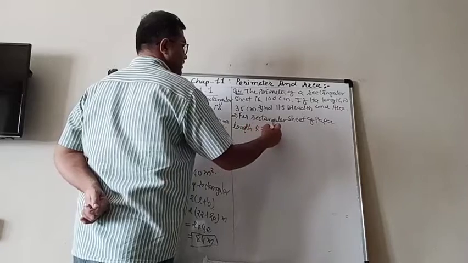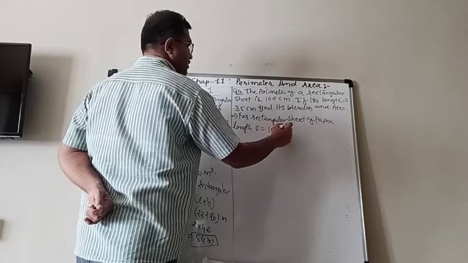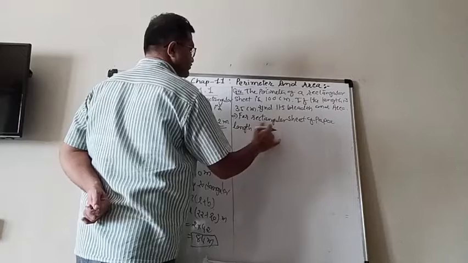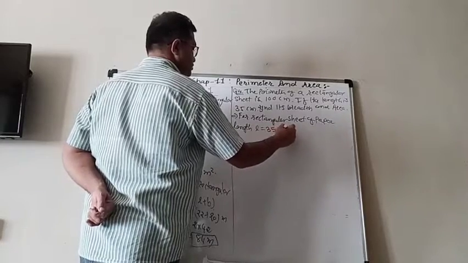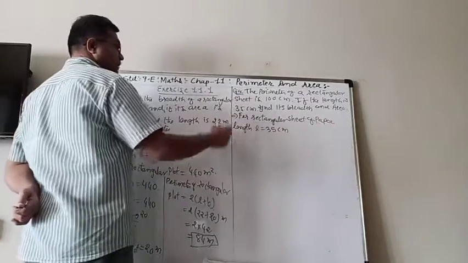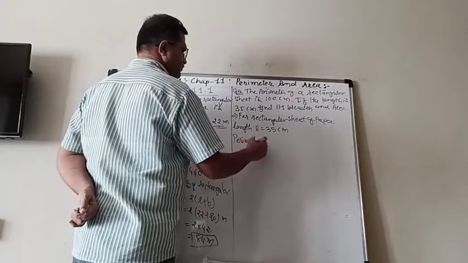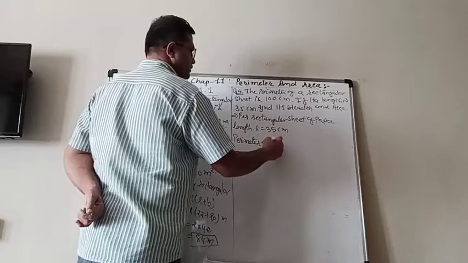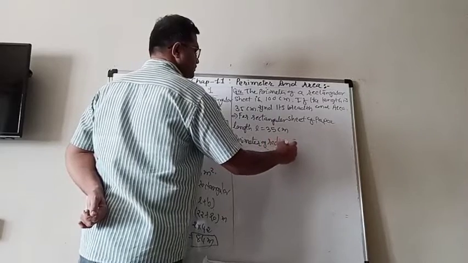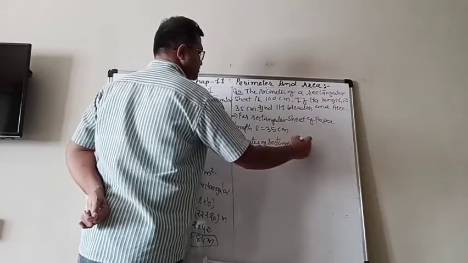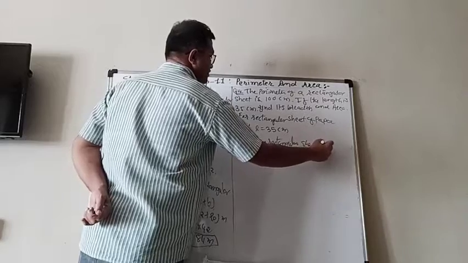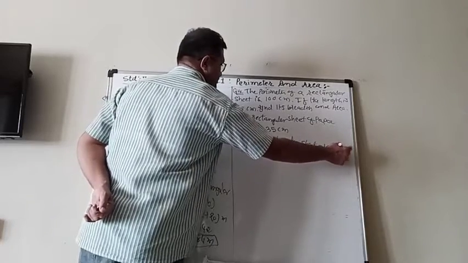Length is given as 35 centimeter. Also the perimeter is given. Perimeter of the rectangular sheet is given as 100 centimeter.